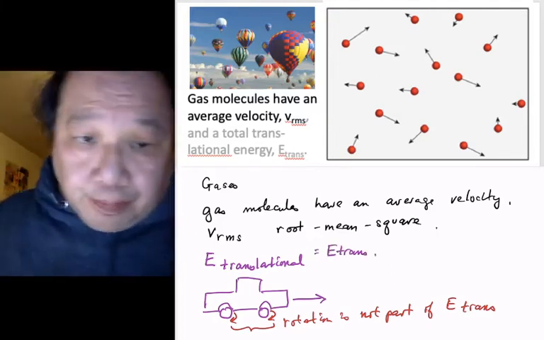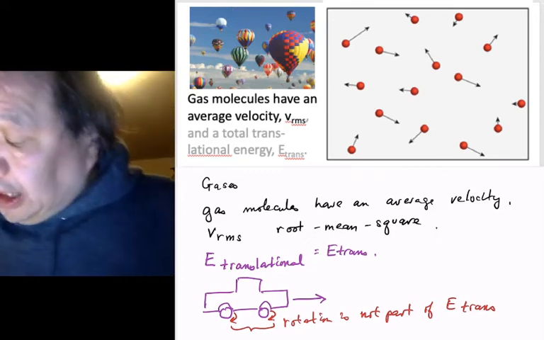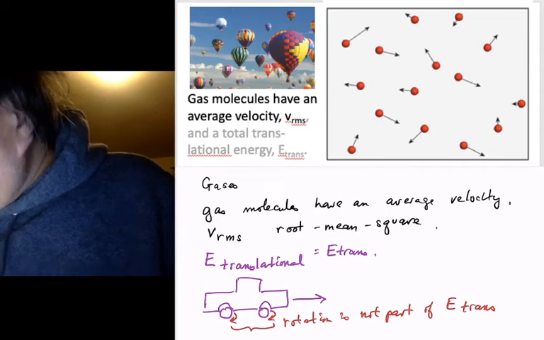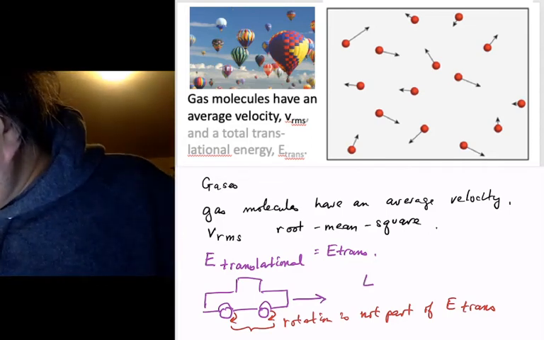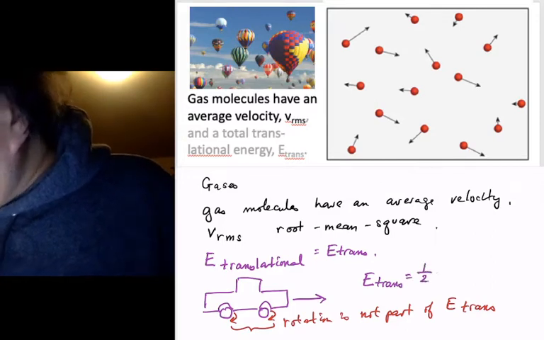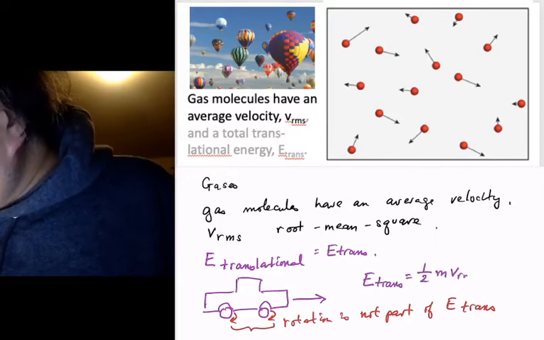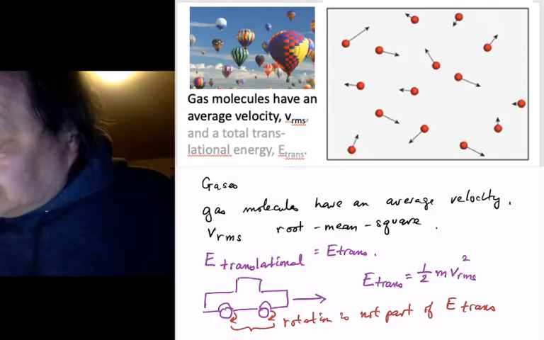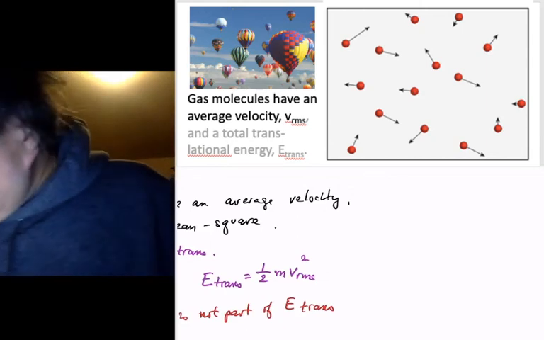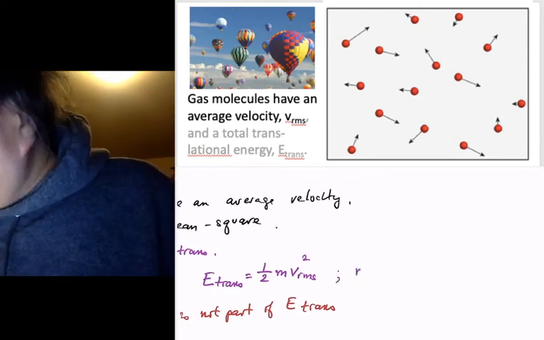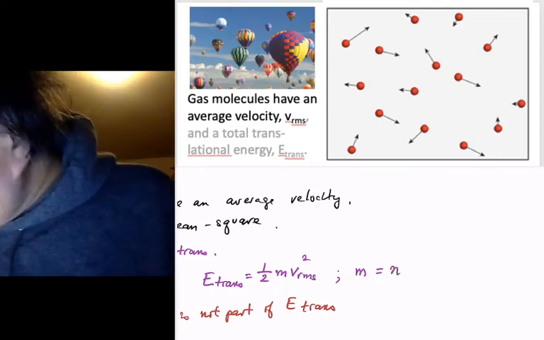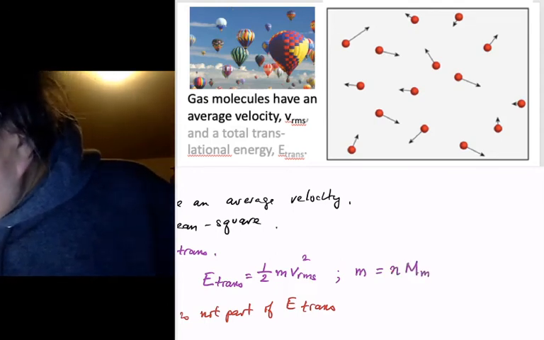And the relationship between E-trans and the velocity is E-trans equals 1/2 m V-RMS squared. And the mass here, let me move this over. The mass for a gas is the number of moles times the molecular mass. So that's the molecular mass.